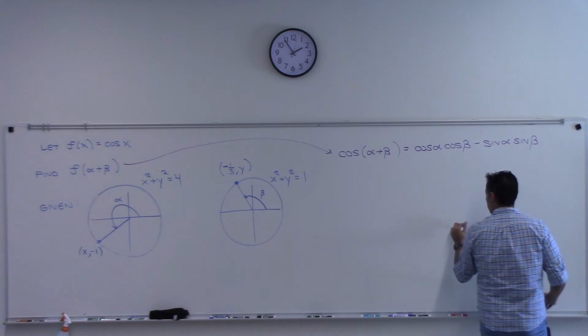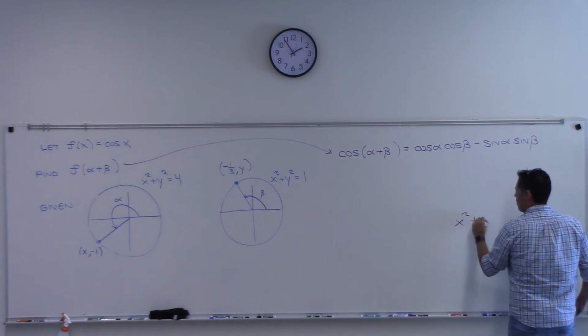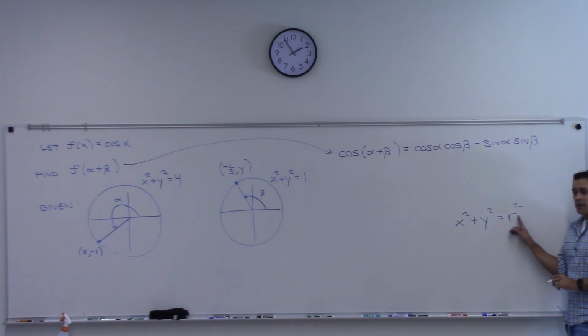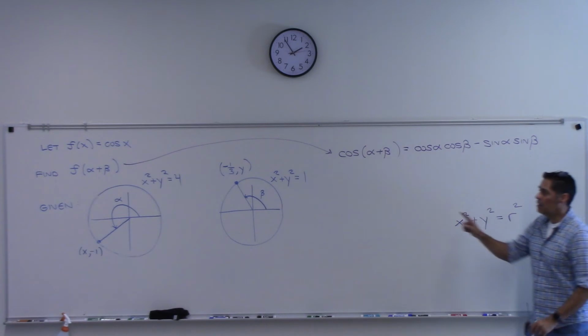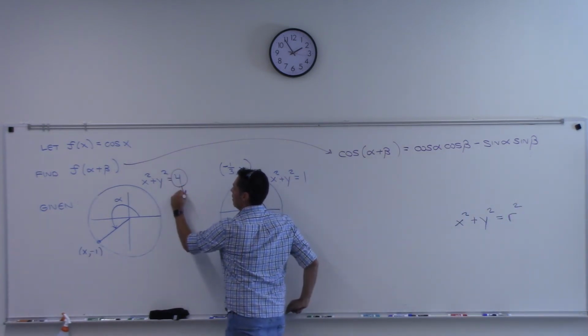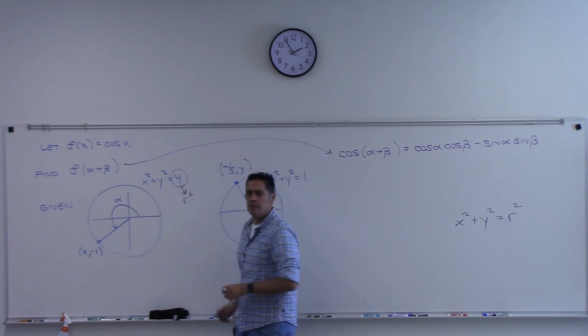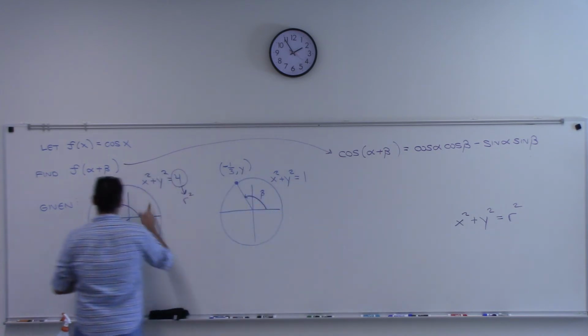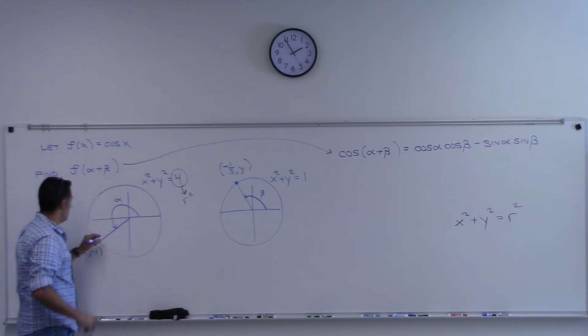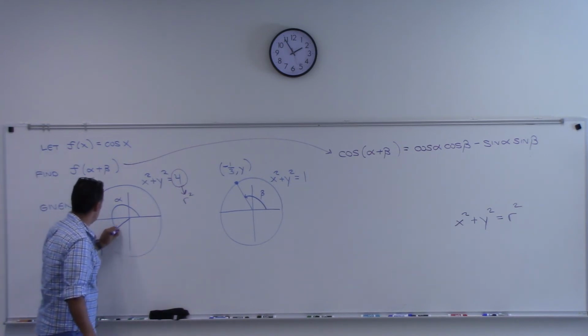Remember, the generic formula for a circle is x squared plus y squared is r squared, right? So the number over here is the radius squared. So the radius is 2. That right there is our radius squared. And that means that this point lives on this circle of radius 2. So that tells us that r is 2. Understand?